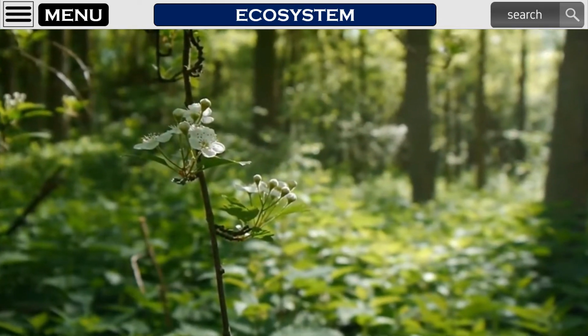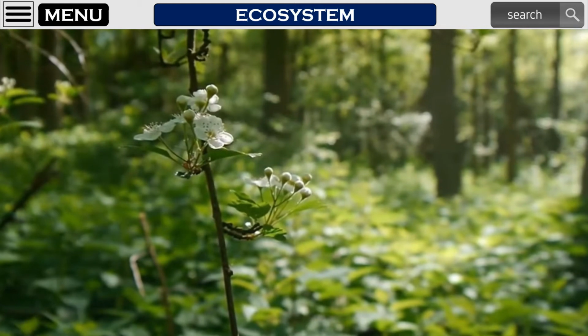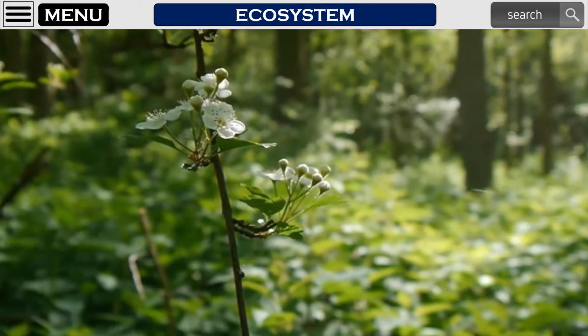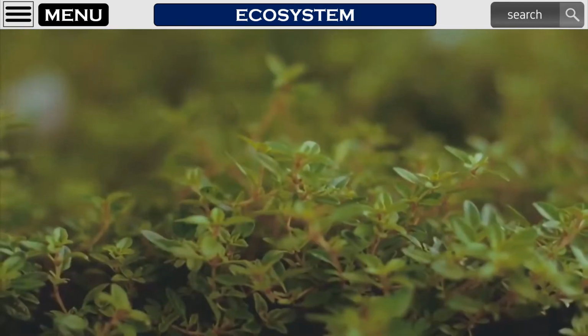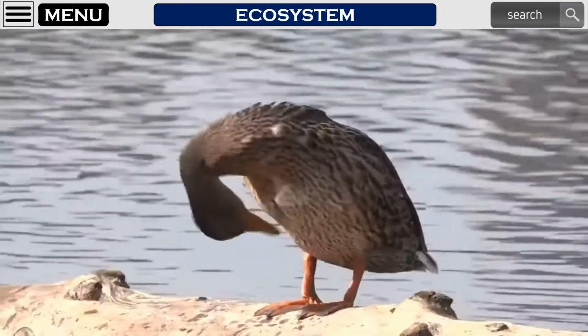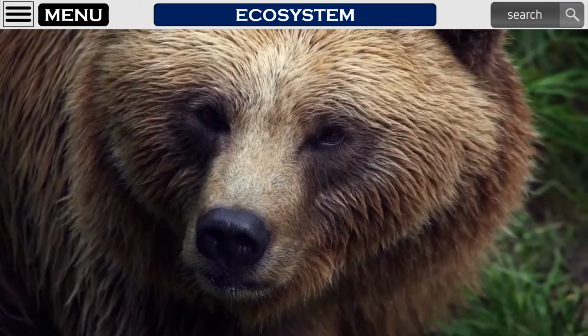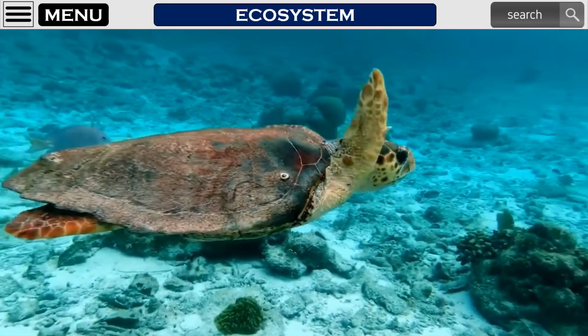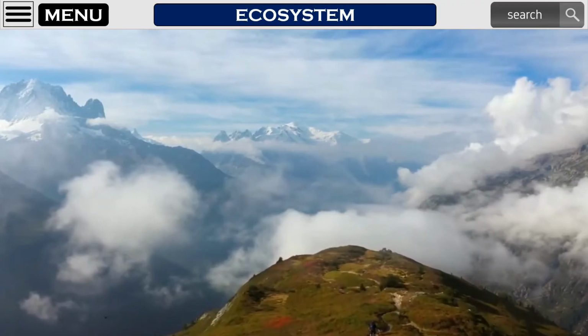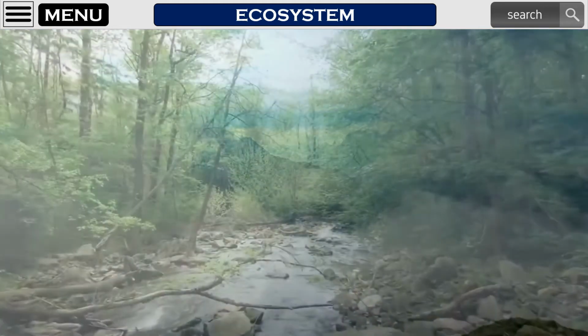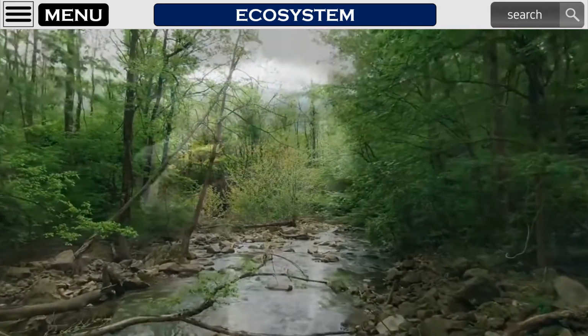The biotic and abiotic components of an ecosystem work hand in hand and interact with each other to maintain balance in our environment. Without the abiotic components, living things cannot survive. Organisms depend on both the biotic and abiotic factors in their environment.